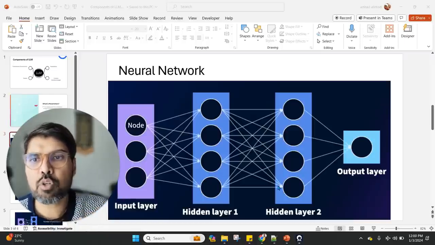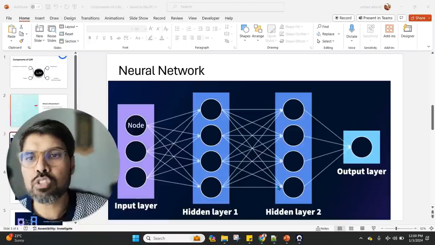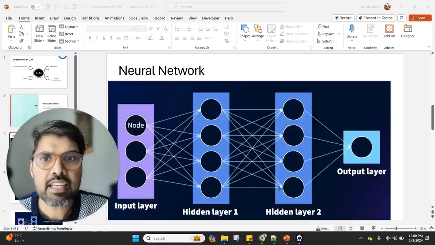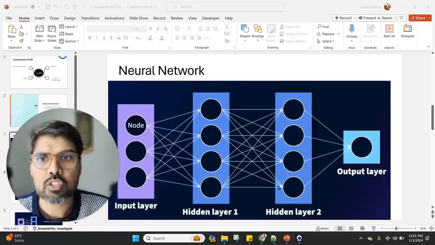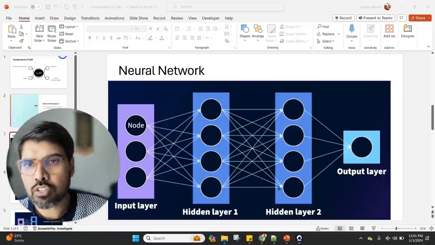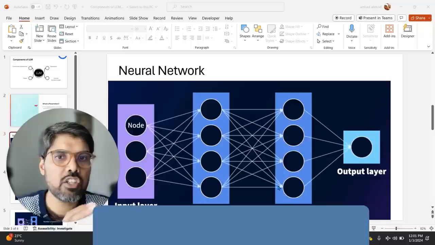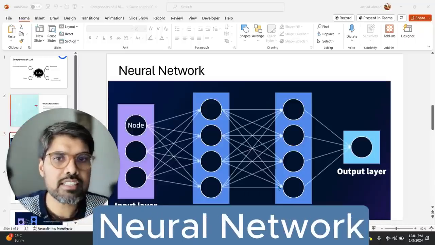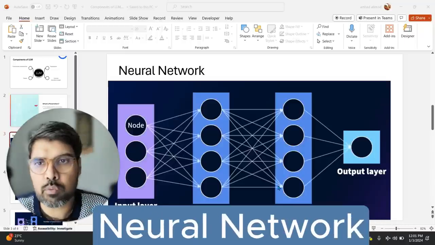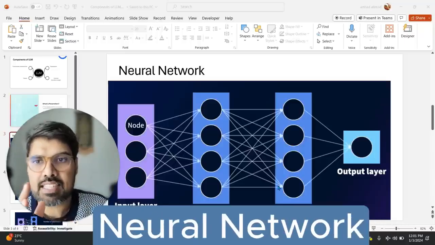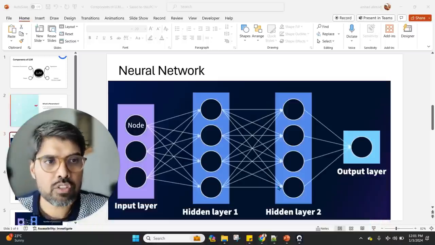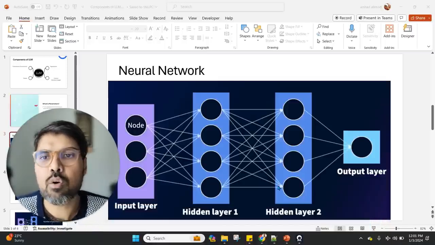It receives input from the other nodes, processes it and then passes the output to the other nodes. So a node represents a neuron, and the collection of nodes or neurons is known as a whole neural network. The input layer has 3 nodes, the hidden layer has 4 nodes, and the output layer has 1 node.